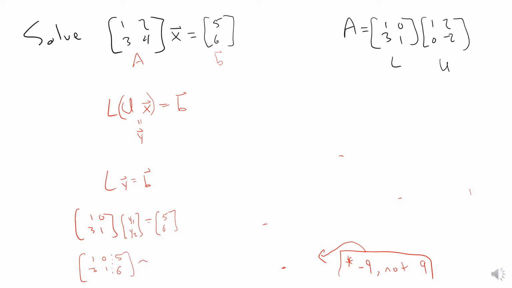It only takes one step of row reduction to get to this matrix here, 1, 0, 5, 0, 1, negative 9.